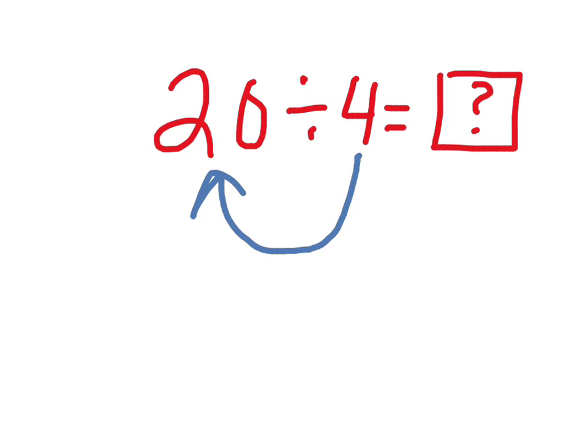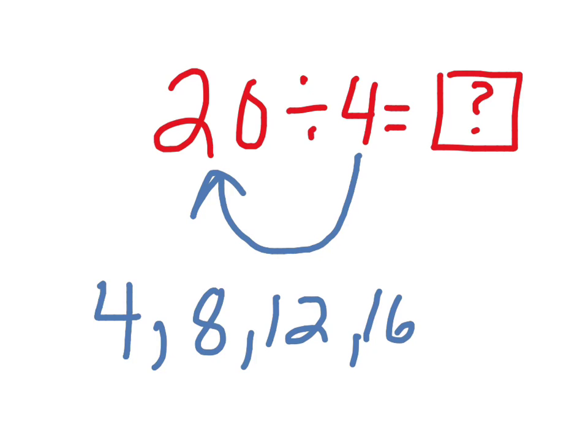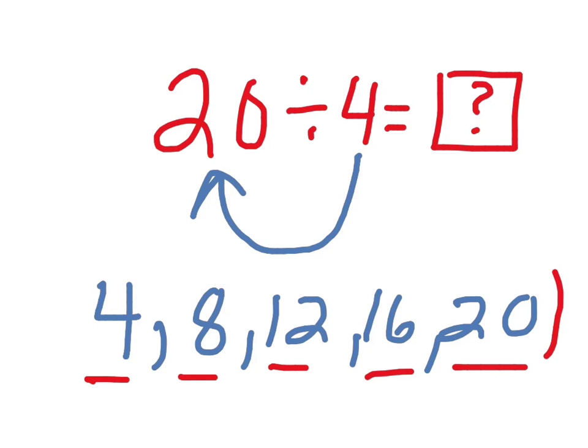So if I say 4, 8, 12, 16, 20, then I can see that I counted 1, 2, 3, 4, 5, so my answer is 5. It's a really simple way for us to look at multiplication and division as being very similar to each other. Really, we don't have to do anything different when we divide.